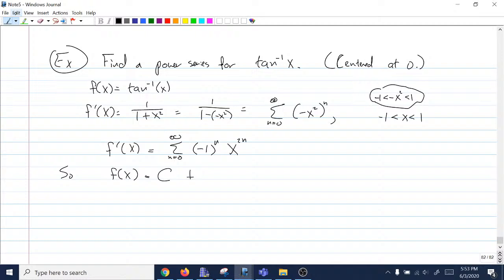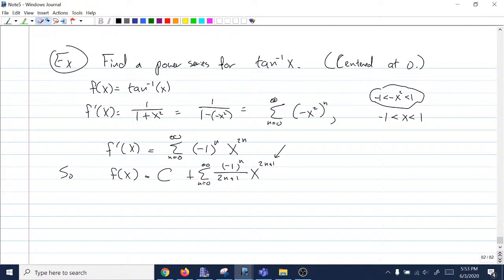What do I get? Integrating this term by term, x to a power is going to be add 1 to that exponent, divide by that new exponent. Again, this is the type of thing where I might feel the instinct to reorganize this, to re-index.